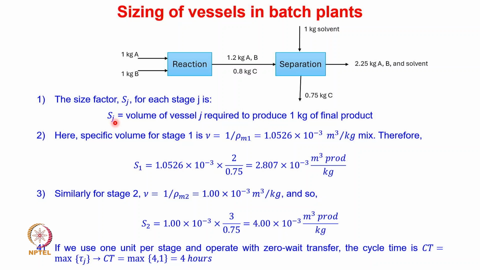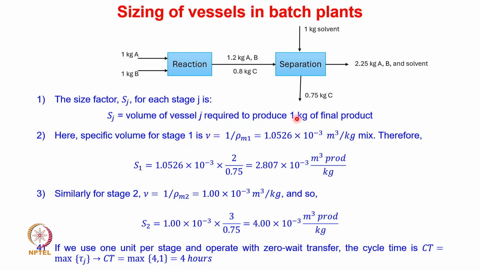That is how the size factor Sj is defined. The specific volume for stage 1: the density of the mixture coming out of the reaction stage is given as 950, so 1 by 950 gives 1.0526 × 10^-3 m³ per kg of mix. That is the specific volume for stage 1.